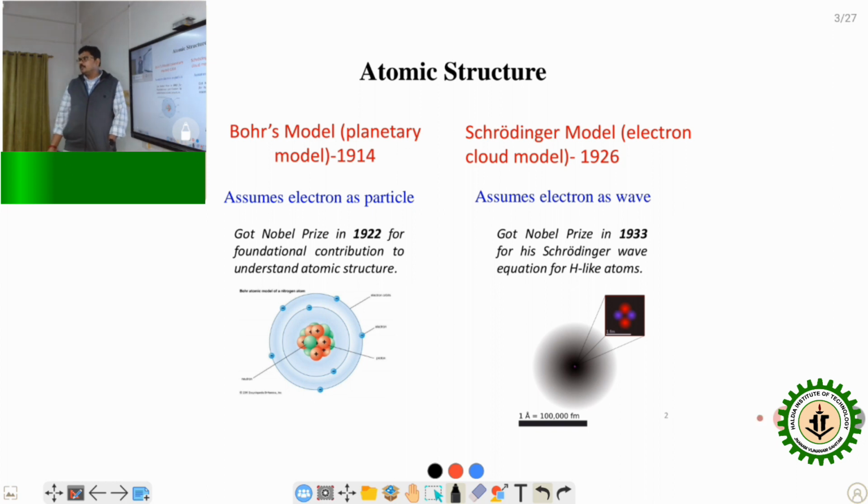He further said that if an electron wants to promote to a higher orbit, it will absorb some energy, and if an electron wants to come to a lower orbit, it will emit energy. The amount of energy should be h nu. So Bohr's atomic model is based on Planck's assumption, and he assumed the particle nature of the electron.